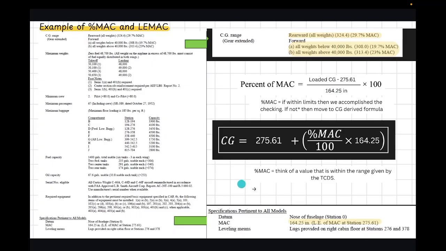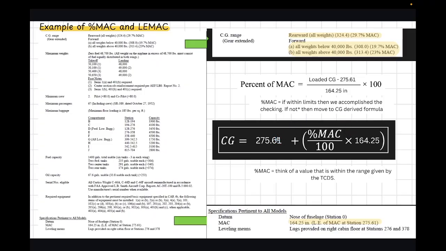So, here is the derived formula for the CG. Same again, we have the LEMAC and then Mach. LEMAC again is 275.61 and Mach is 164.25. Percent Mach equals a value that is within the range given by the TCDS. For example, since our range is between 19.7 and 29.7%, in this case I will solve this formula using 20%.